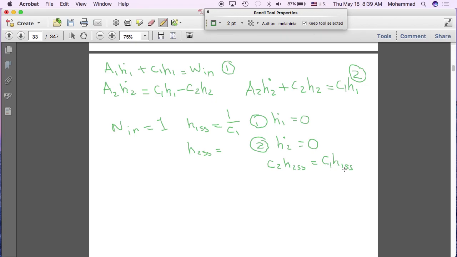Okay, so what is that value? We already know H1 steady state is 1 over C1. So we can find H2 steady state as equal to 1 over C2.